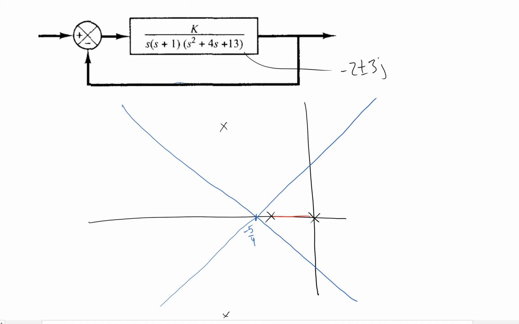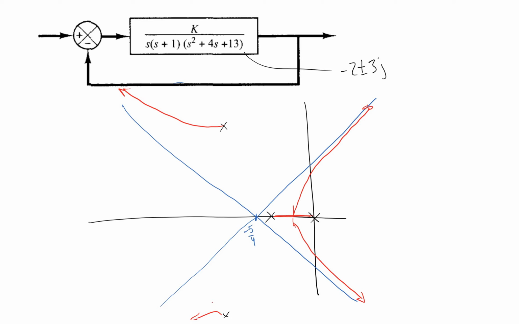That's all we have on the real axis. These are going to come together and branch out. They're probably going to follow this asymptote out like this, and then these complex poles are going to follow this asymptote out like that. And so that would be the solution to this.